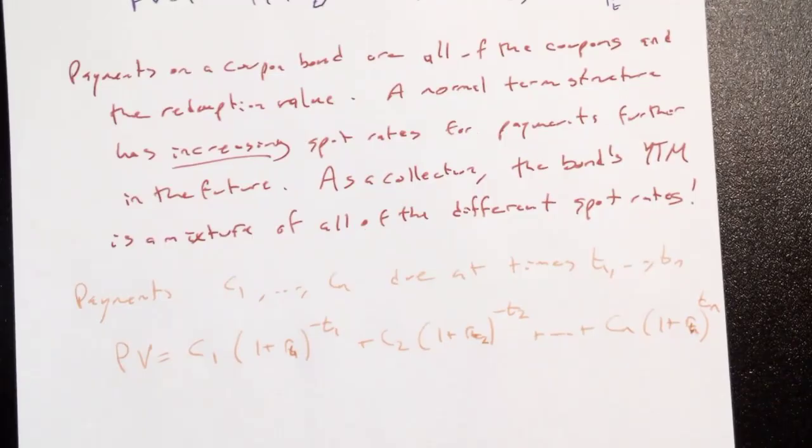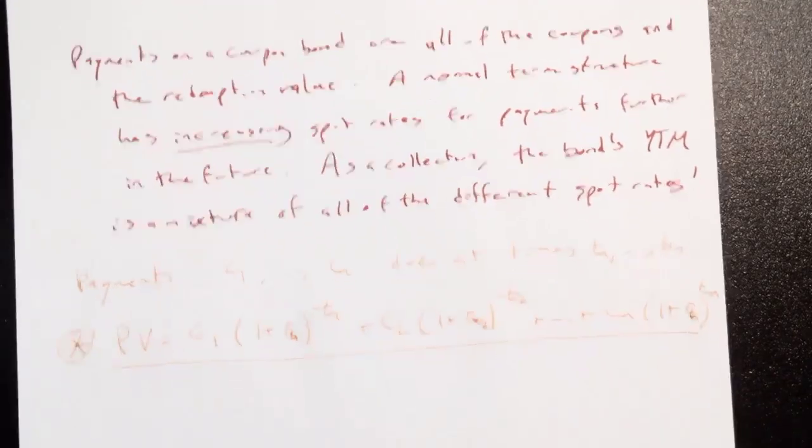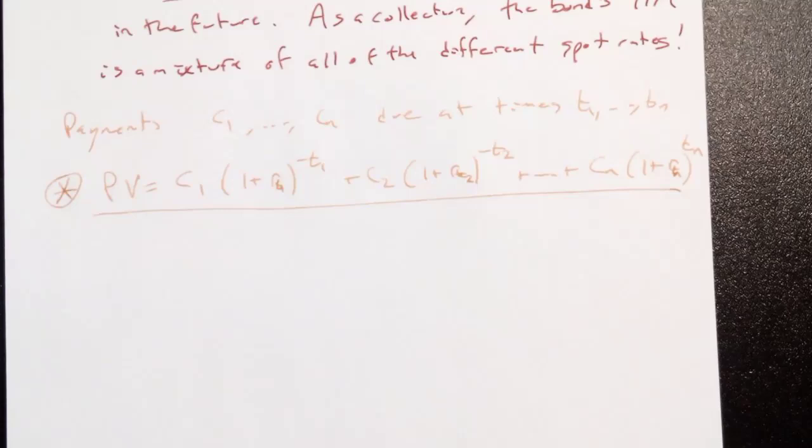I need to put a star next to this formula. I'm going to use it quite a bit in the next several calculations. The problem with this pickup is that I need to now know all of these spot rates to figure out what's going on.